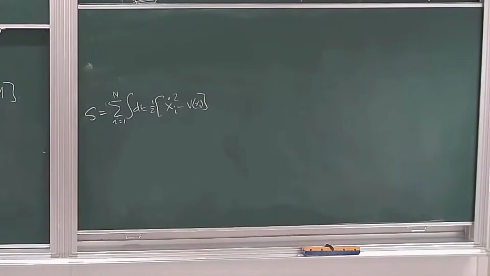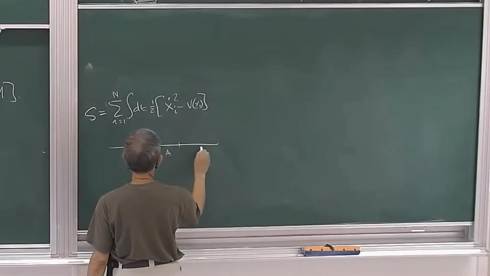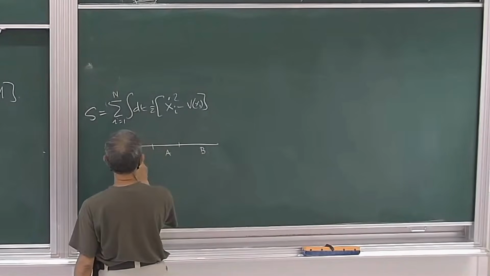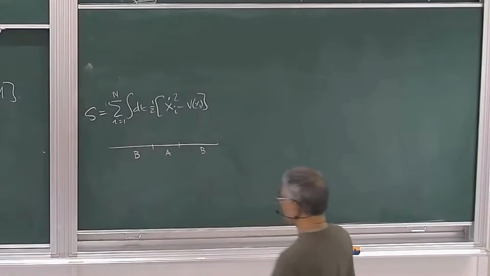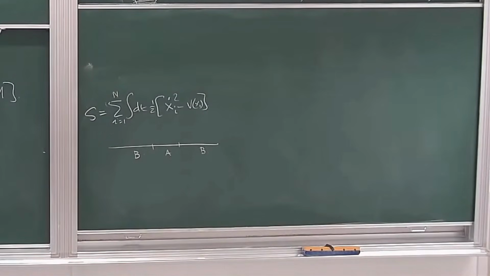So what turns out is the following. If I take a region A of this target space, B is the complement of it. I'll just do it with a bipartite case, but you can, of course, extend it to multiple intervals.